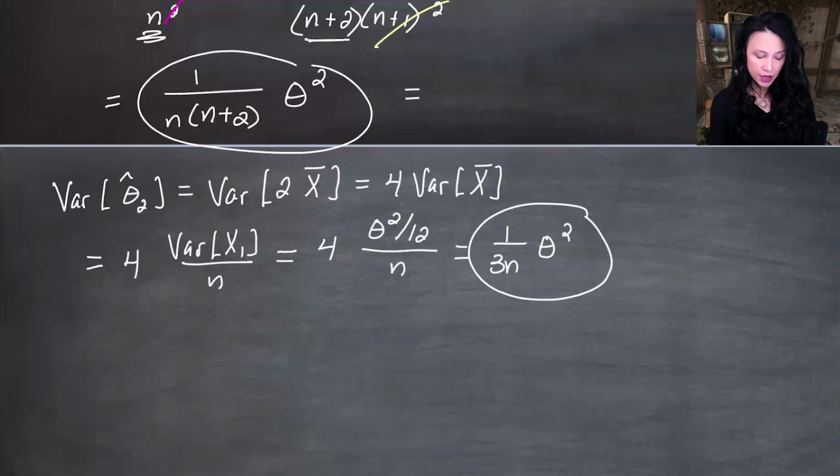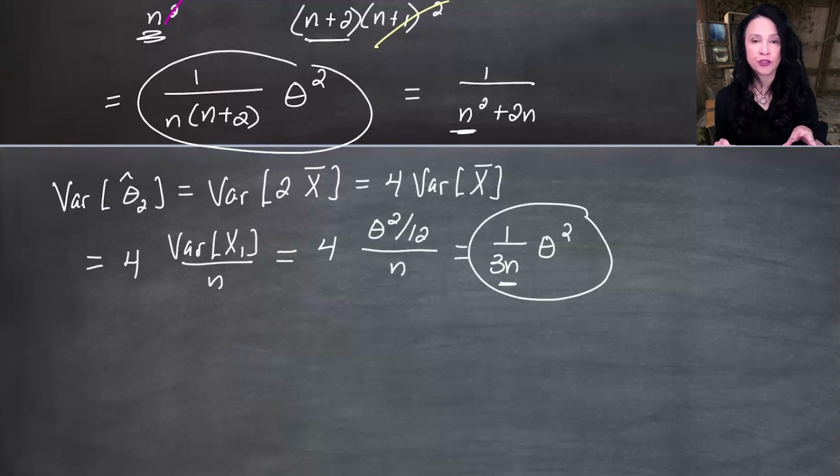Back up here, this is 1 over n squared plus 2n. And here I have a 3n. So n is a positive integer. It could be 1, 2, 3, 4 on up. If n is 1, then both of the circled variances are equal.